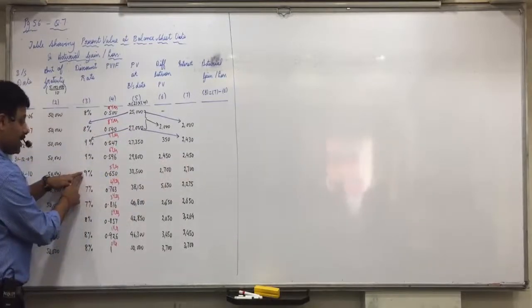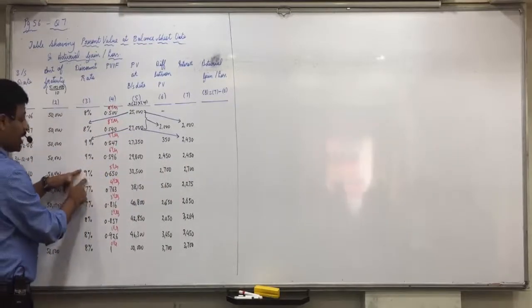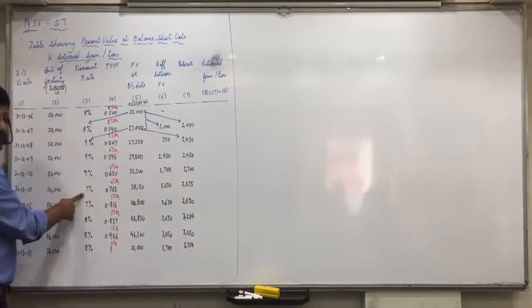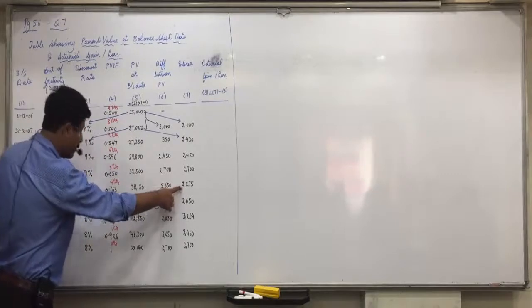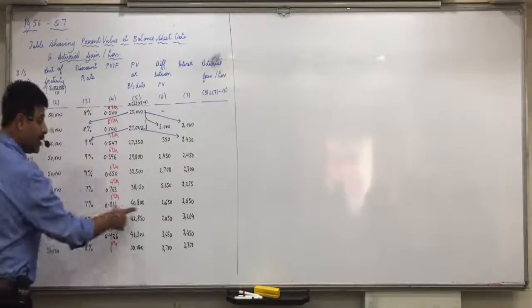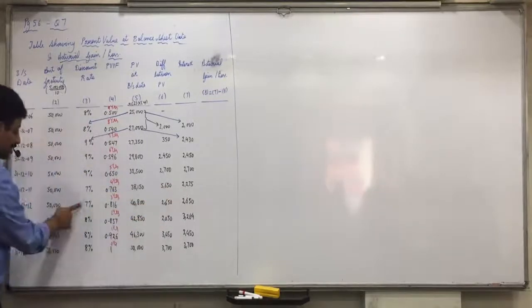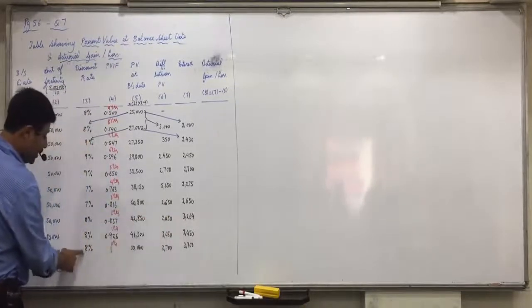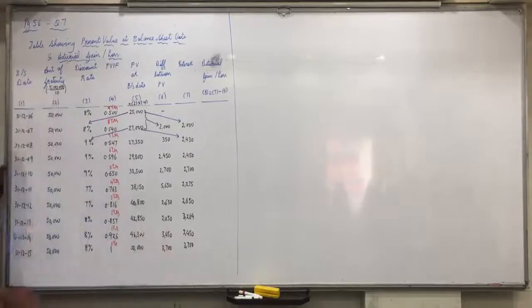When it remains 9 to 9, here also 9%, so it remains same. Now from 9 it is changing to 7, so here the amount changes. From 7 to 7 it will remain same. Then again from 7 to 8 it is changing, so it will change. 8 to 8, it will remain same.